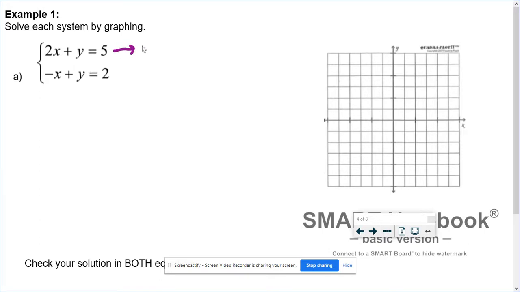So I'm going to subtract 2x from both sides and get y equals negative 2x plus 5. All right, so that means the y-intercept is at 5. And the slope is negative 2, so down 2 and right 1. All right, and then we'll draw our line through that.